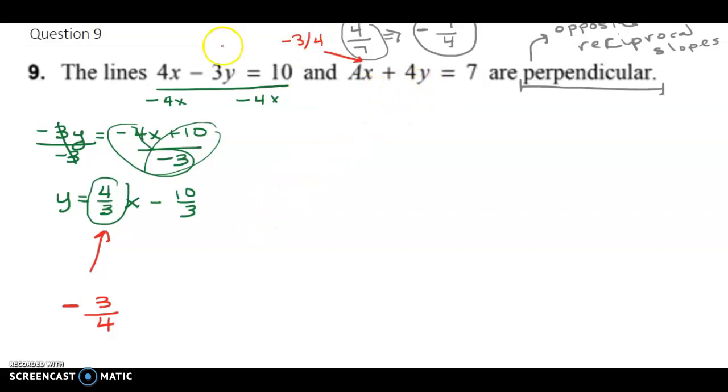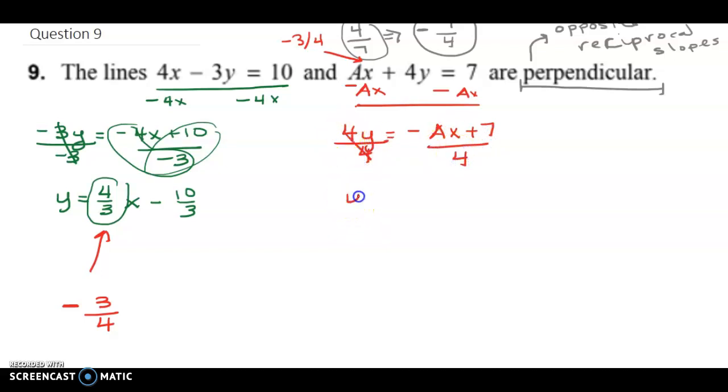Okay, so do the same process here. Subtract the ax on both sides. I'm left with 4y equals negative ax plus 7. Divide by 4, divide by 4. Those go away. I'm left with y equals negative a over 4x plus 7. Okay, so recall I want this to have a negative 3/4 slope.